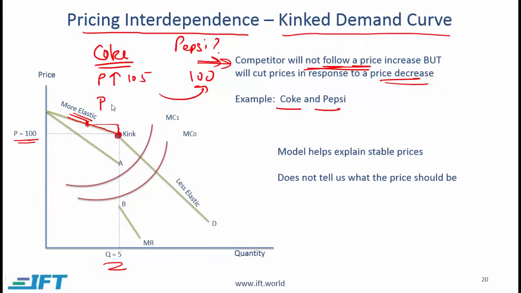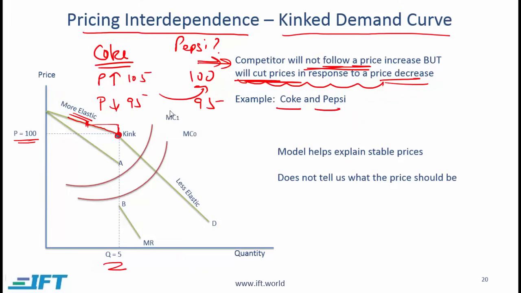So if Coke says that they want to reduce the price to 95, then what will happen? According to the premise that we discussed at the start of this slide, the competitor will cut prices in response to a price decrease. So now both Coke and Pepsi are at 95.